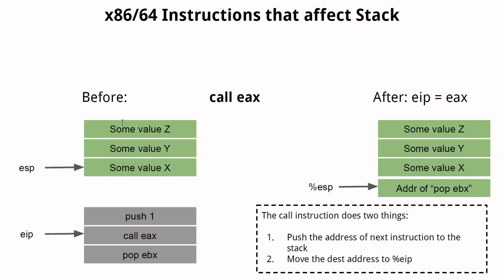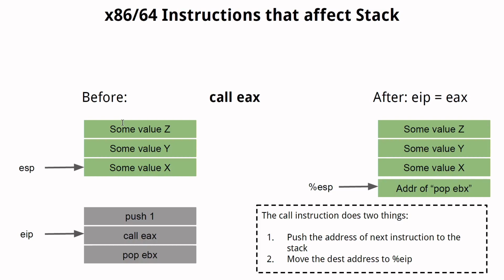So call will first push that address onto the stack, so the stack has Z, Y, X, and the address of pop EBX. And because it's a push, the ESP will also move down. Then it will move the destination address in that instruction, in this case whatever is in EAX, into EIP. And the EIP is where the CPU continues executing.